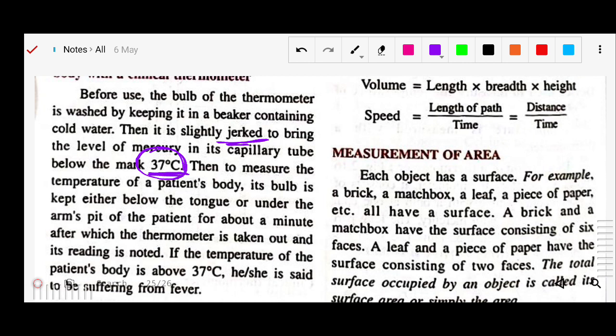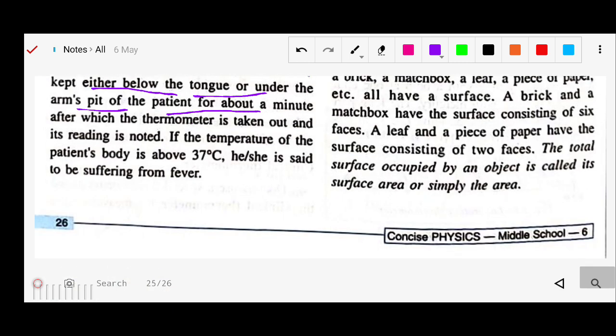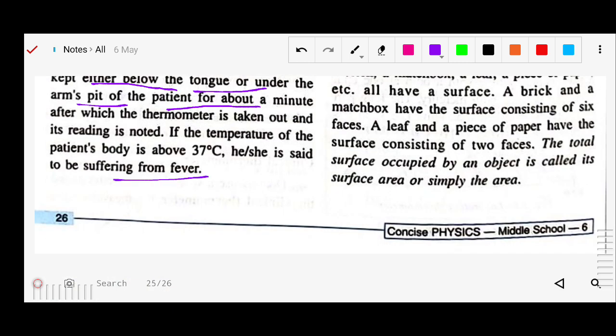Then to measure the temperature of the patient's body, its bulb is kept either below the tongue or under the armpit, right? The patient keeps it for about a minute, after which the thermometer is taken out and the reading is noted. A patient whose body temperature is above 37 is said to be suffering from fever.